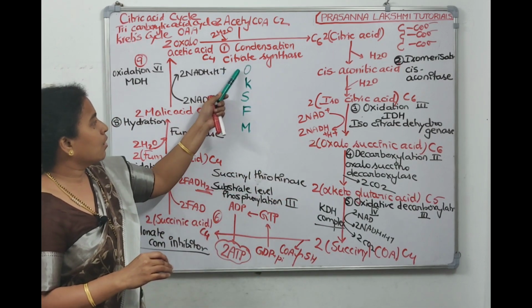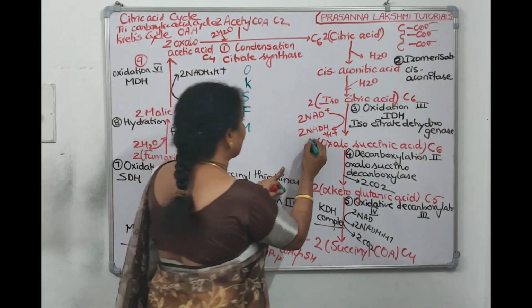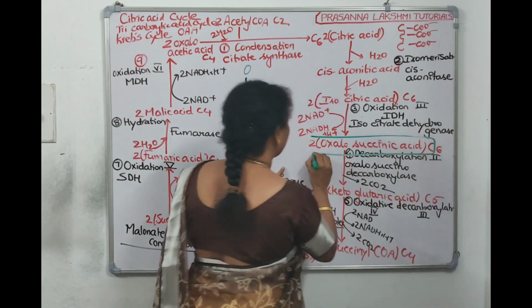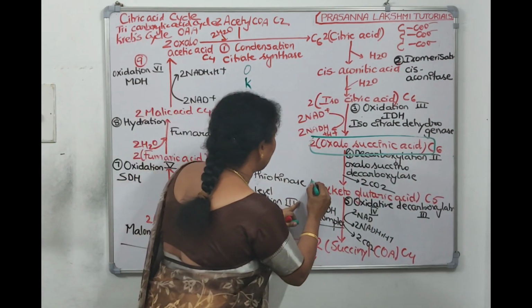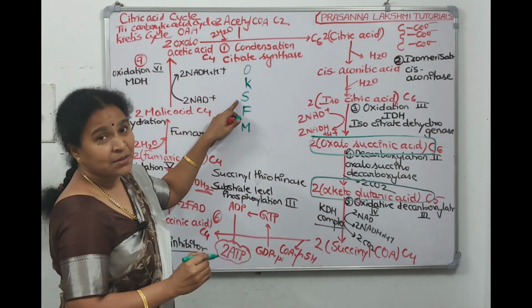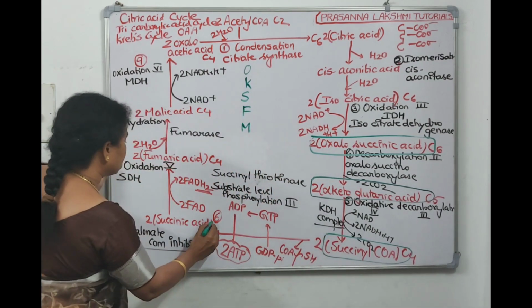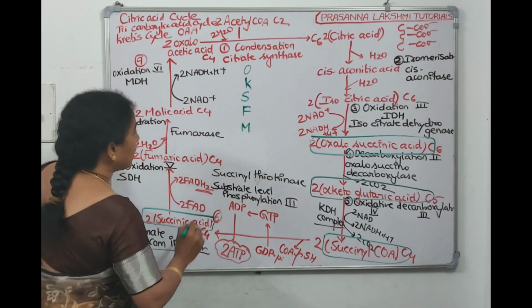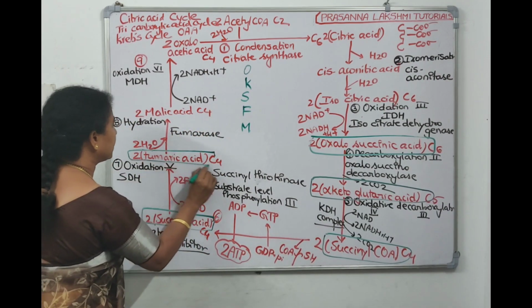So we made a code. OK, simple for me. O stands for oxalosuccinic acid. After O, K will come, that means an acid with K, that is alpha-ketoglutaric acid. After K, an acid with S will come, succinyl-CoA and succinic acid. After S, an acid with F will come, that is fumaric acid.